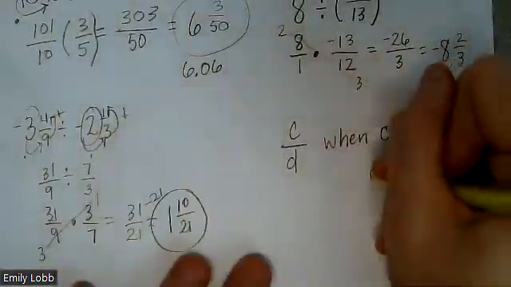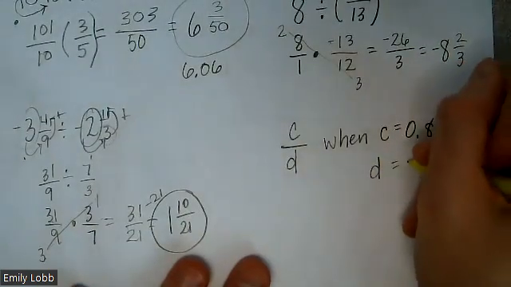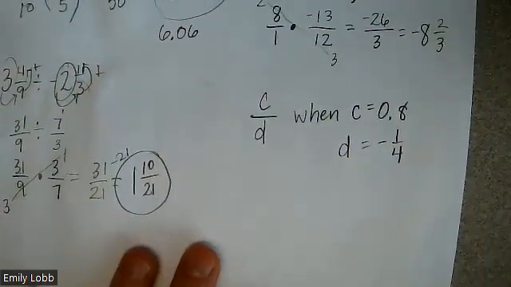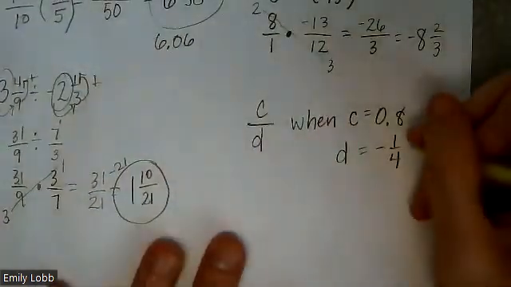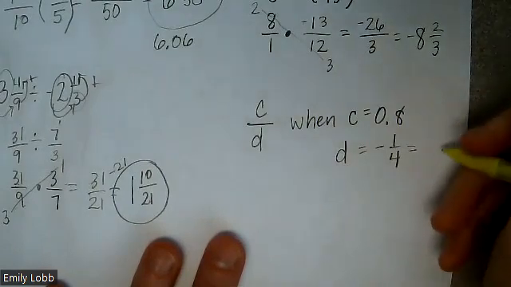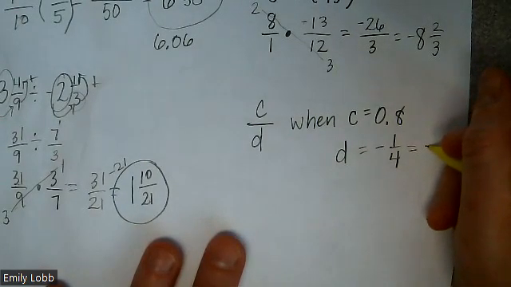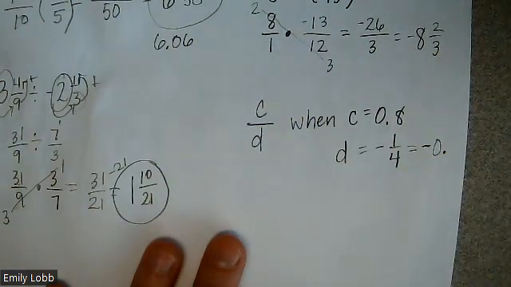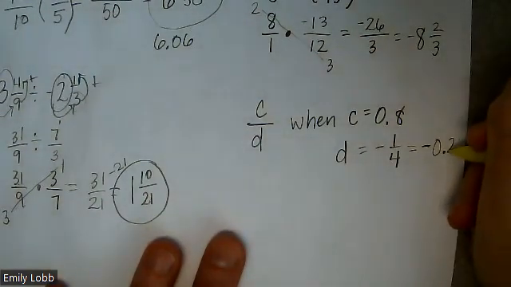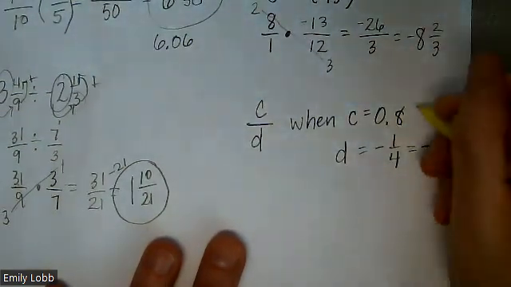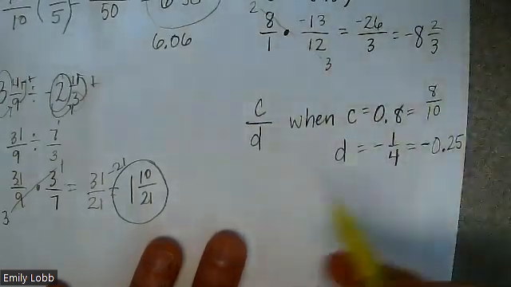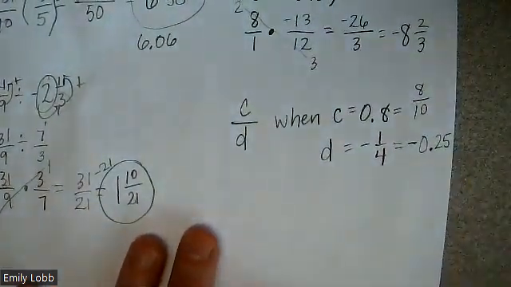And D is equal to negative 1/4. Now, technically, there's 2 ways you can do this, right? How could I write negative 1/4 as a decimal? 0.25, right? A quarter. And 8/10 I would put as this.